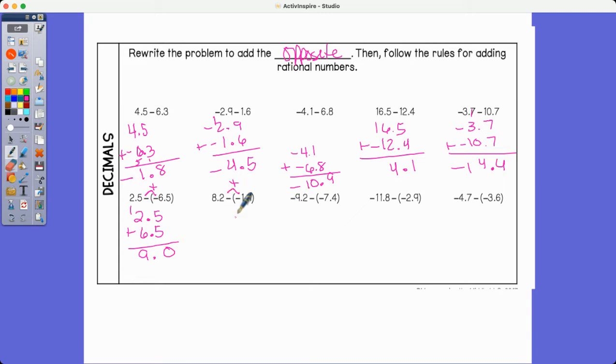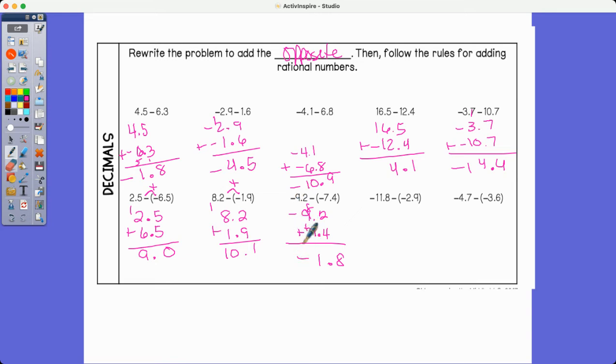8.2 plus 1.9, it gives me 10.1. Negative 9.2 plus 7.4. These are opposite signs, right? Because this is positive. So I'm going to subtract 8, 1, and 8/10.